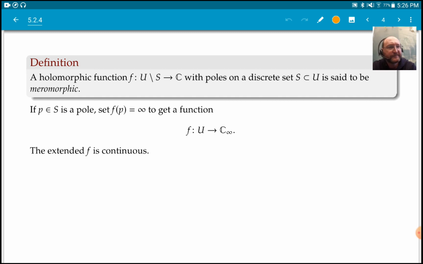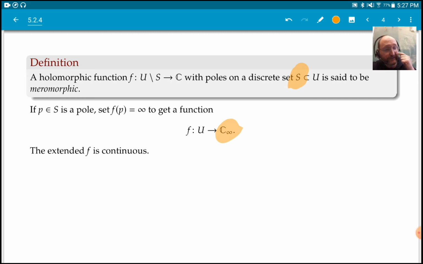this extended f, this f going into C infinity, is continuous. It's continuous everywhere except possibly at the points of S, just because it's holomorphic elsewhere. And on S, well, the whole point of what is a pole?